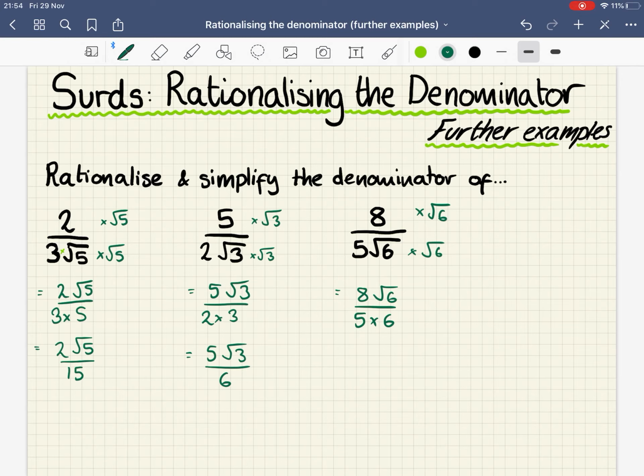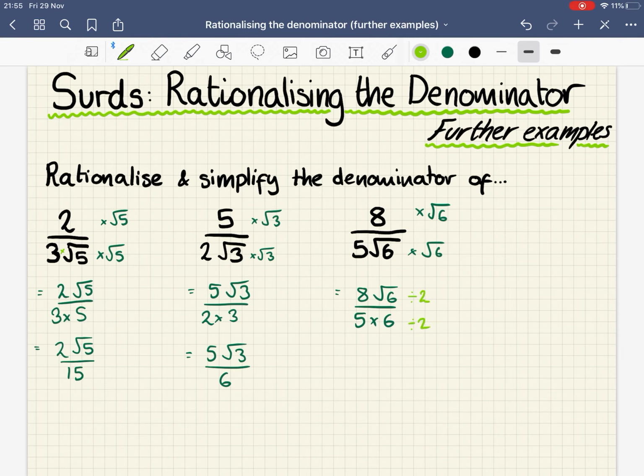Now, I could do 5 times 6, but I can see here already, because I have an even number at the top and the bottom, I know I can do some simplification. And it is good to do simplification early on, just because it means you have an easier time if the numbers get massive.